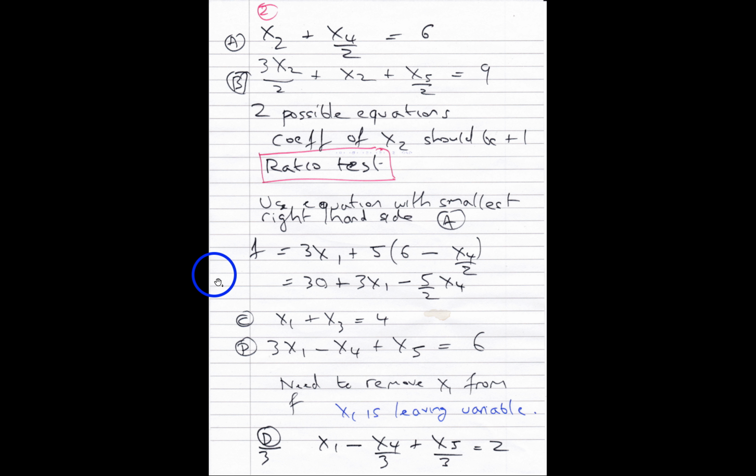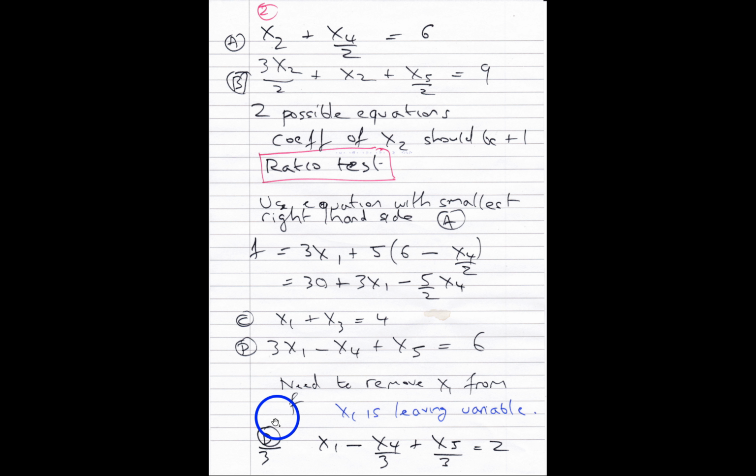We've used one of the equations, so now we go back to our equations, and we have 2 possible equations to get rid of x1. I've also done a little manipulation to remove the x2 from the equations. So we have x1 plus x3 equals 4, and 3x1 minus x4 plus x5 equals 6.